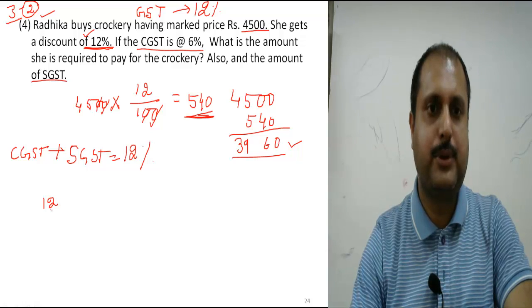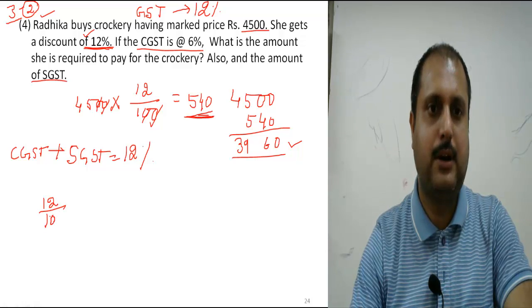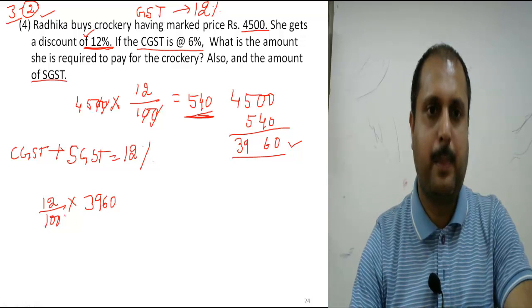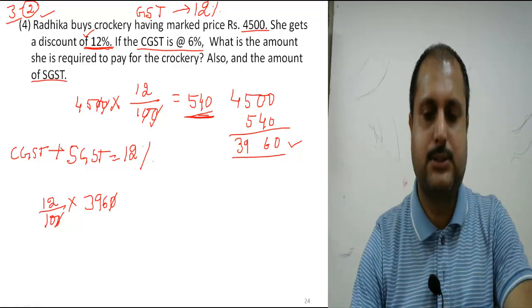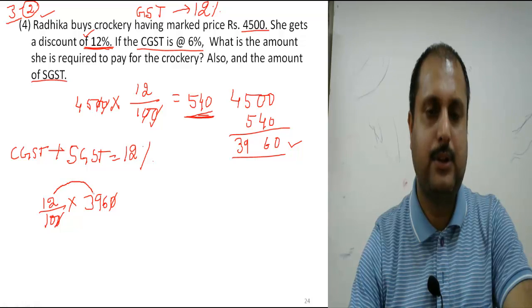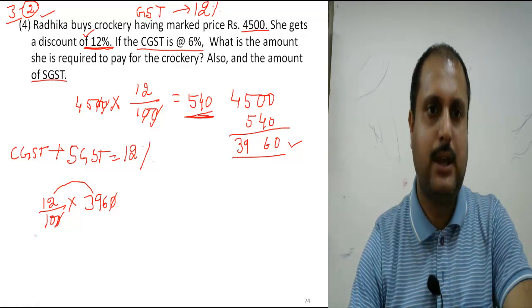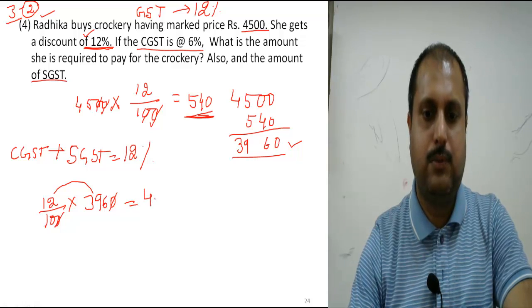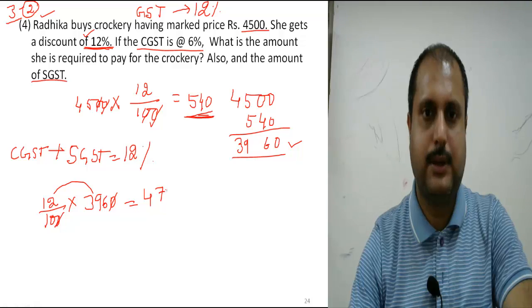So let's get the 12%: 12 divided by 100 multiplied by this amount, 3,960. The zero is cancelled out, and if you multiply 396 and divide by 10, the total amount will come to 475.20. This would be the total tax amount.